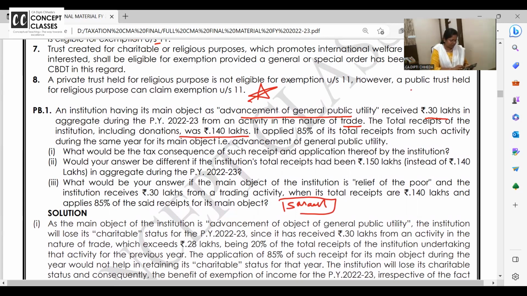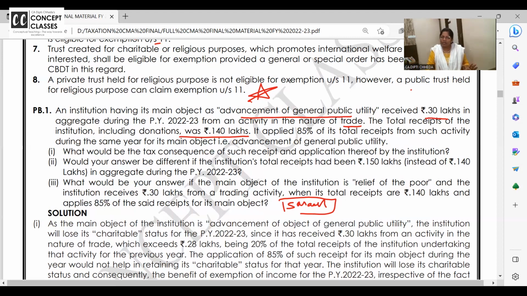You read the question, interpret it. Yes. What would be the answer?